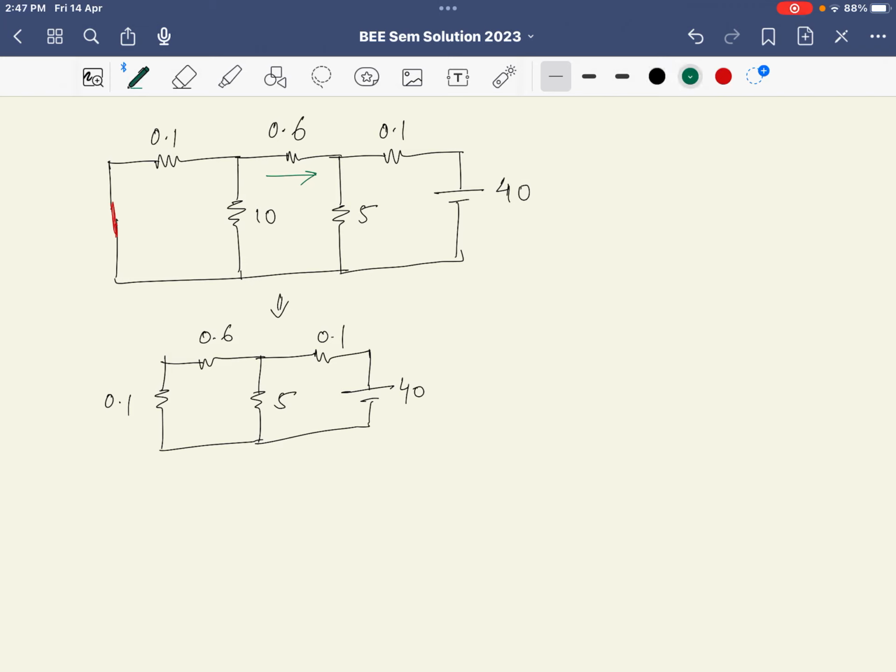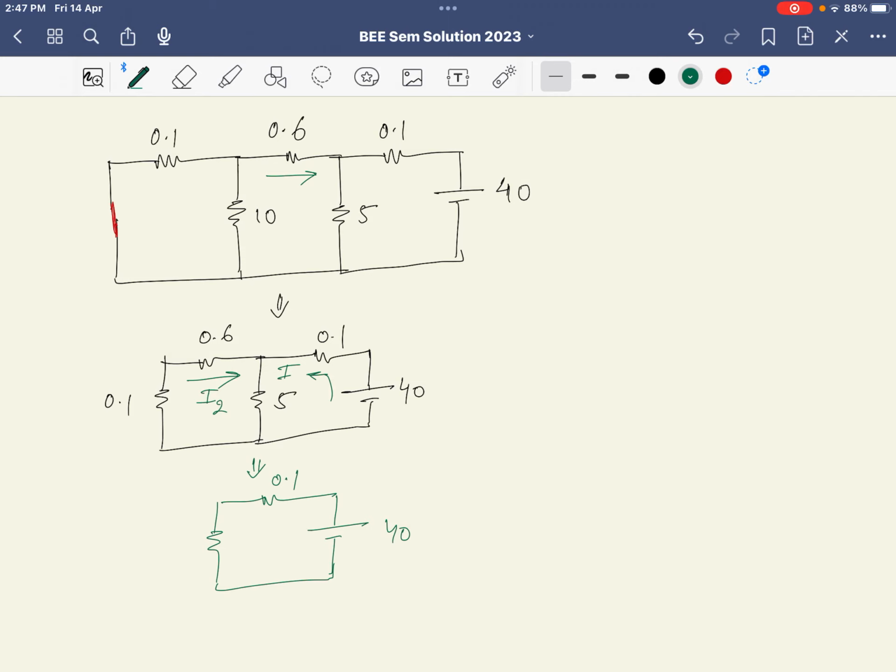So our objective is still to find the current over here. Let us say this is I2, and let's say the current which is here is I. So let us redraw this circuit with another equivalent circuit. So we have 5 and this resistance in parallel, 5 and 0.7, and the 40 volt is in series.